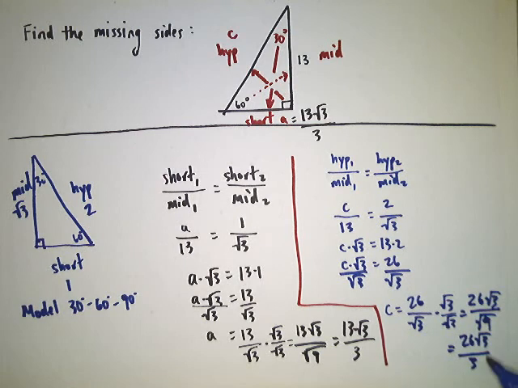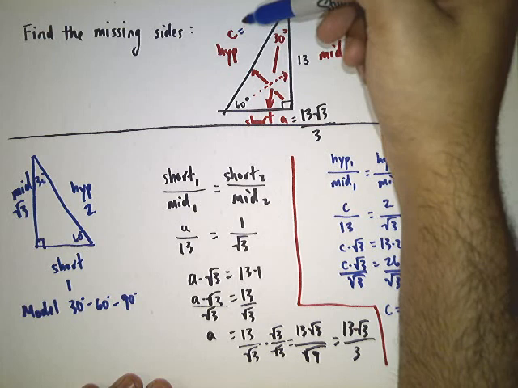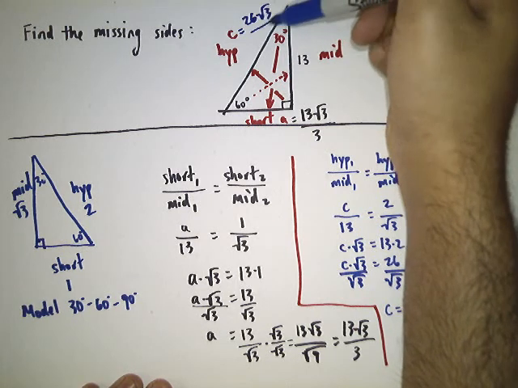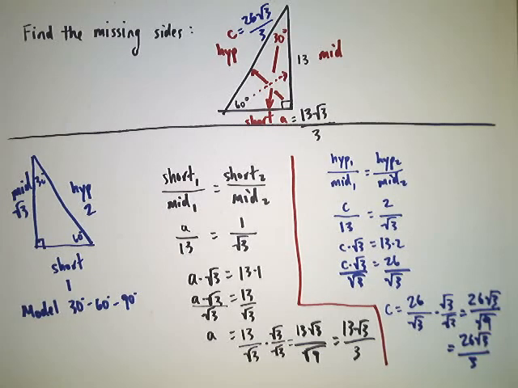And now think, does 26 divide evenly into 3? And the answer is no. So we know that C is 26 root 3 divided by 3. And at this point, we've found all of our missing sides, so we're good to go.